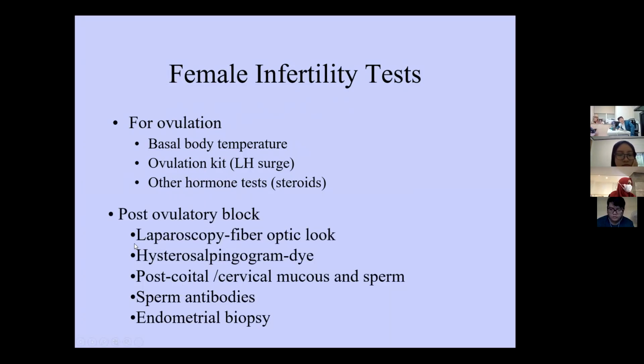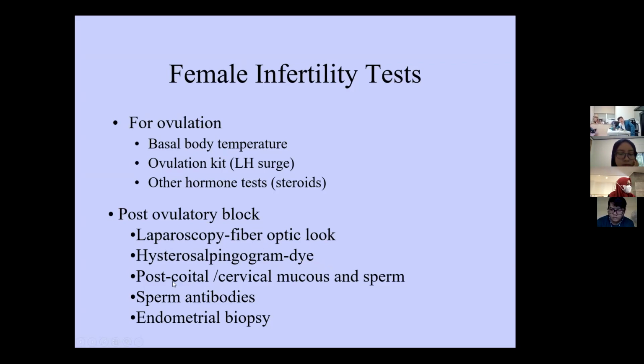And then we can do a laparoscopic exam to see if there is any inflammation or adhesion. We can do the hysterosalpingogram, using dye and X-ray to see the patency and pattern of the bilateral fallopian tubes.